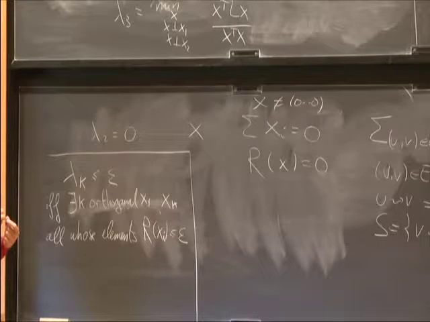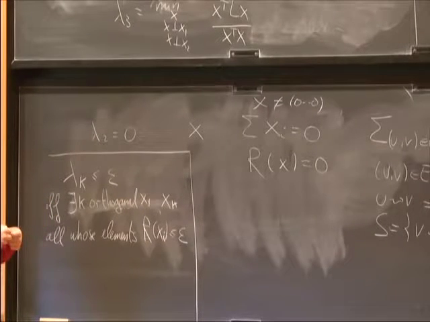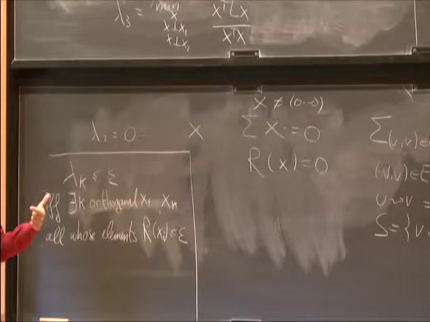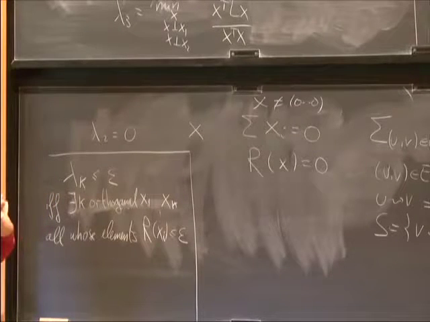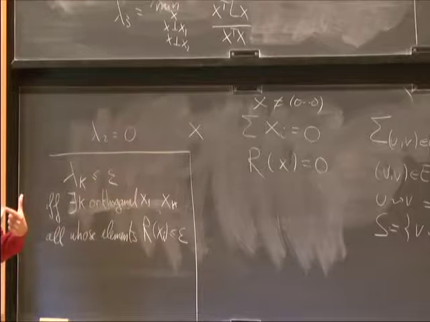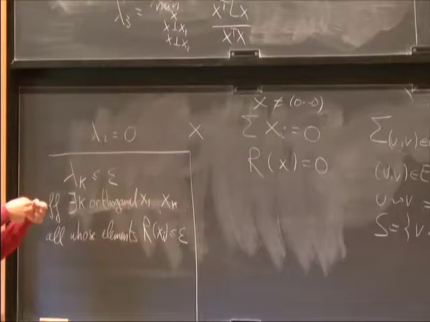Just set the vector to be the constant 1 on one connected component and 0 outside, or the constant 1 on the other connected component and 0 outside. Those vectors will have non-zero entries in disjoint coordinates, so the inner product is 0. And since they are constant on connected components, the Rayleigh quotient is also 0.